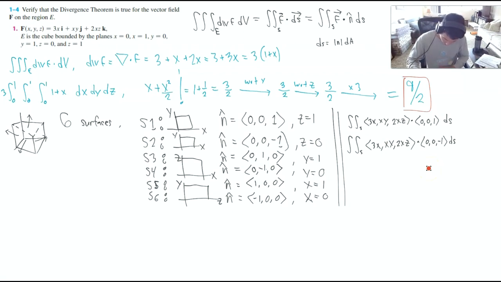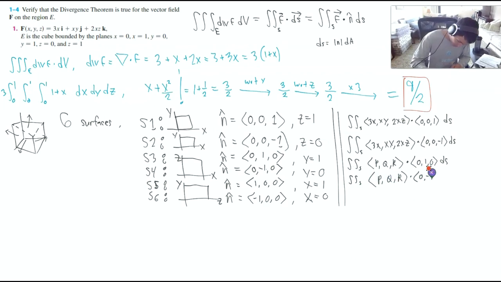Okay, so if all that's true, then we're just going to call this P, Q, and R for shorthand, and then we'll write 0, 1, 0 ds. We'll do double integral over S, P, Q, and R dot 0, negative 1, 0 ds.